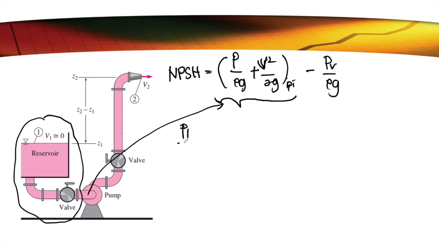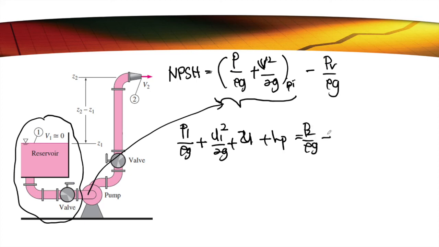So P1 over rho g plus U1 squared over 2g plus Z1 plus H pump equal to P2 over rho g plus U2 squared over 2g plus Z2 plus HF.